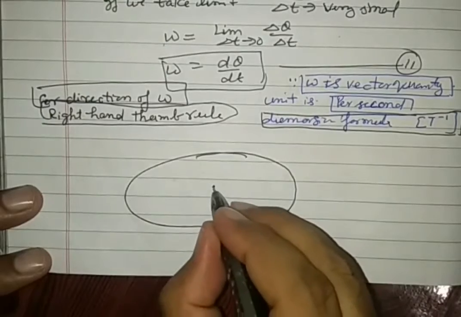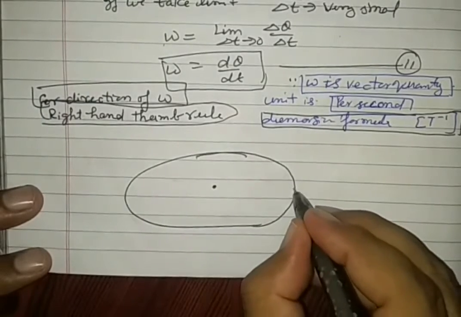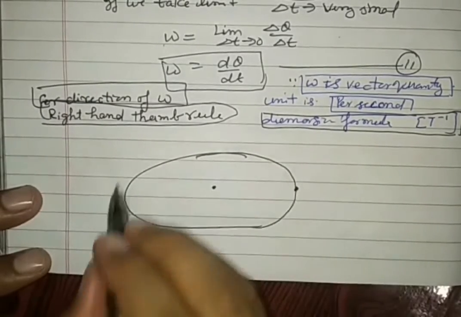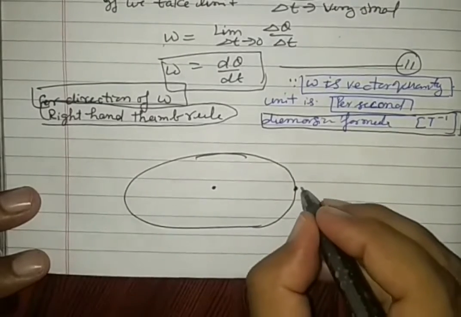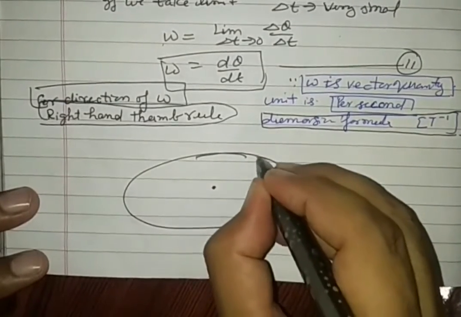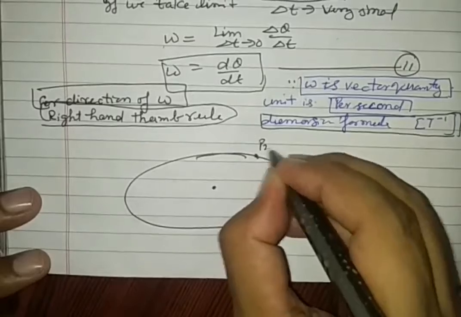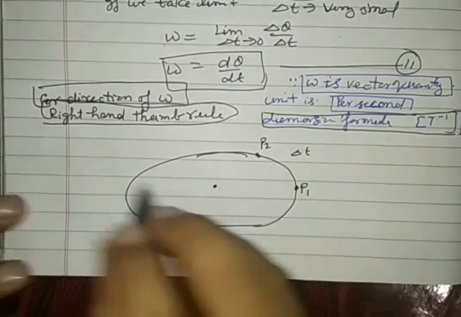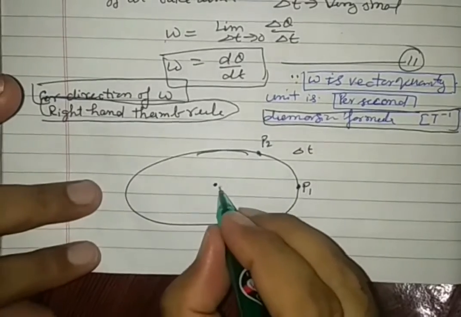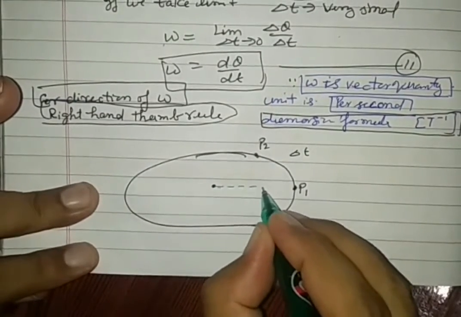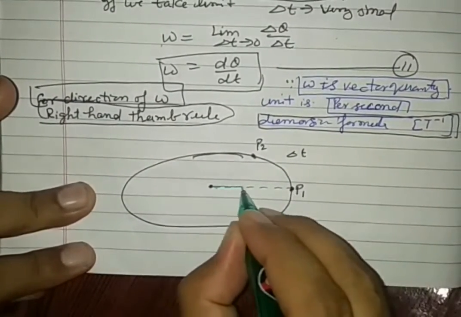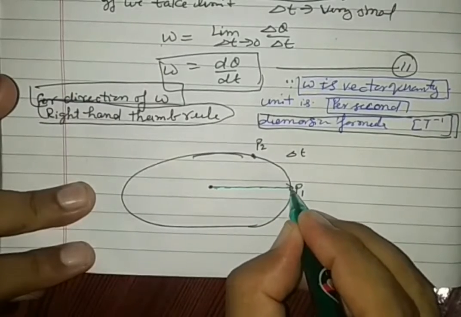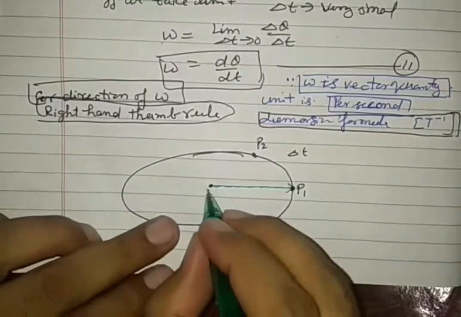Let a particle be moving, rotating as in the previous example, from P1 to P2 in delta t time. See, this is how it travels. This is the P1 position vector from this origin.